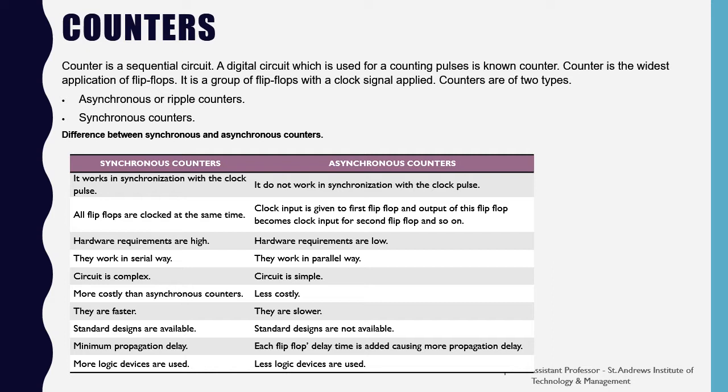Synchronous counter has the minimum propagation delay. As soon as the input is given, the output comes out. But in the asynchronous counter, there is a delay time attached with each flip-flop, so more propagation delay. In the synchronous counter, more logic devices are used, but in the asynchronous counter, fewer logic devices are used.